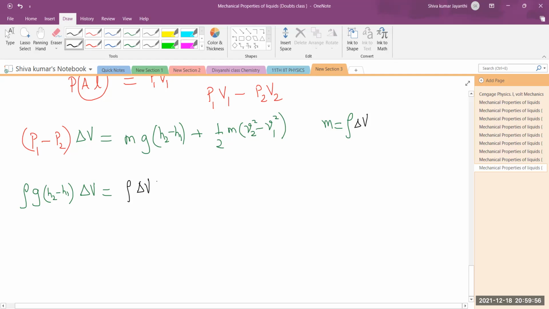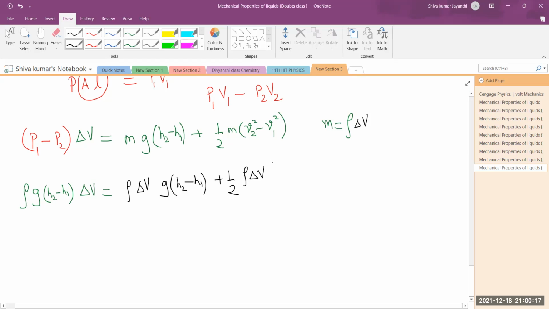This is volume, not velocity, so we don't get confused. The delta V on both sides is equal, right? The volume that enters is the same volume that comes out. The amount of volume of fluid that enters is the same as the volume of fluid that comes out.